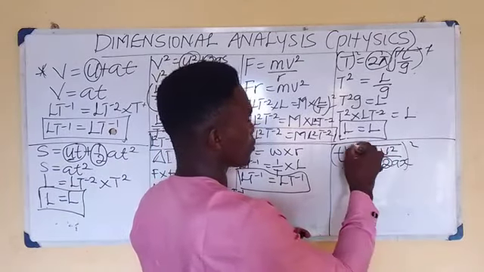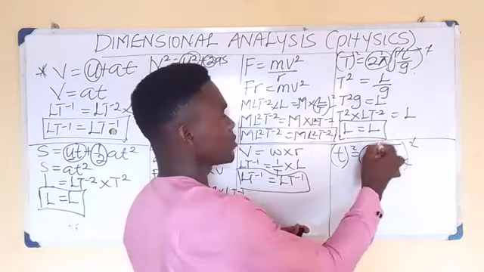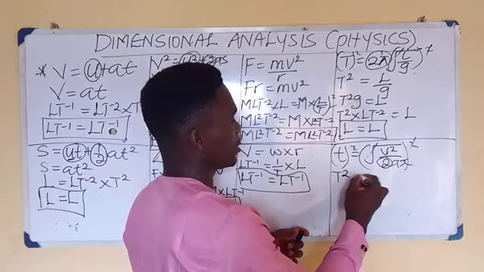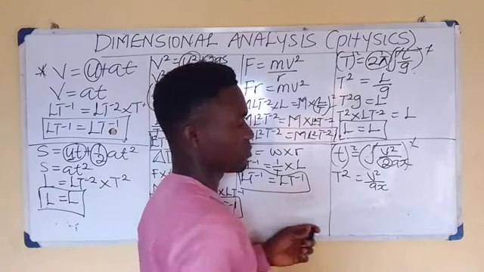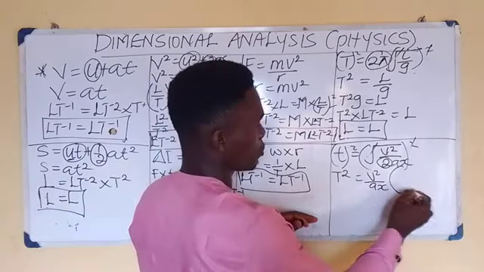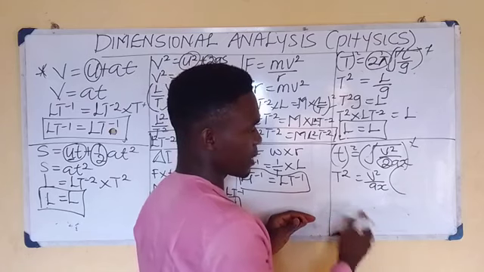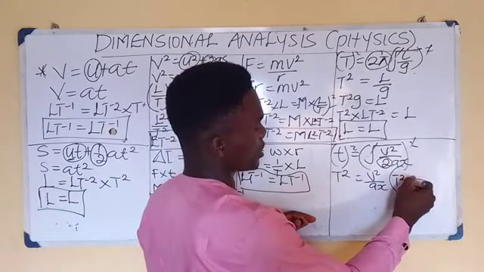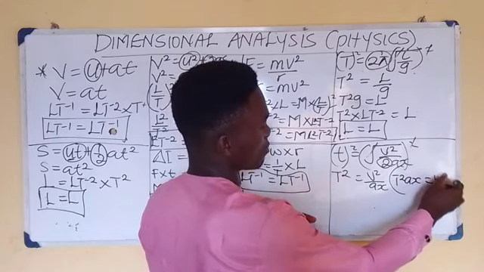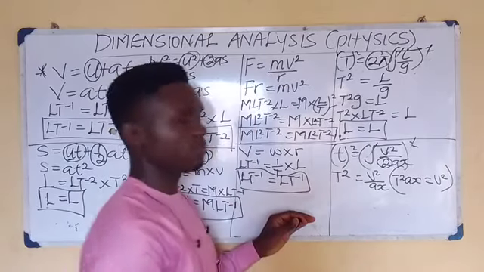Very important. So I'll have T squared equals V squared over AX. What do I do next? I'll cross multiply. I'll have T squared times AX equals V squared.